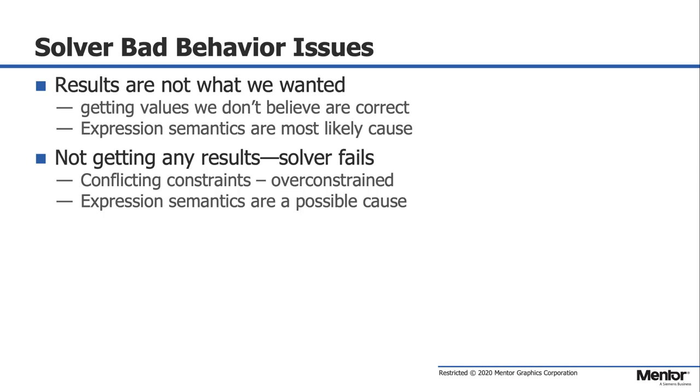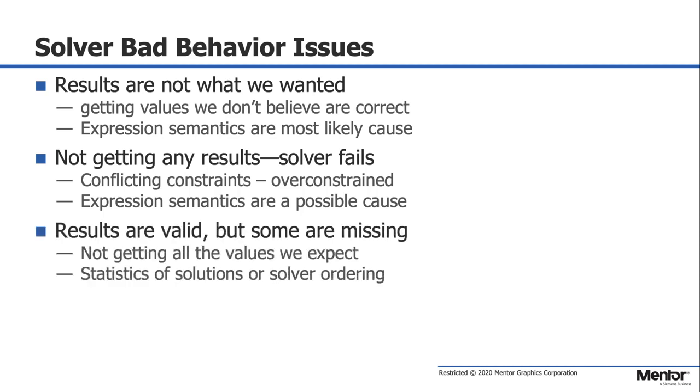And so the expression semantics are one possible cause of this. But let's talk about another area where you're getting valid results, but some results are missing. So you're not getting all the values you expect. That's where statistics of the solutions or solver ordering of how it picks values comes into play.